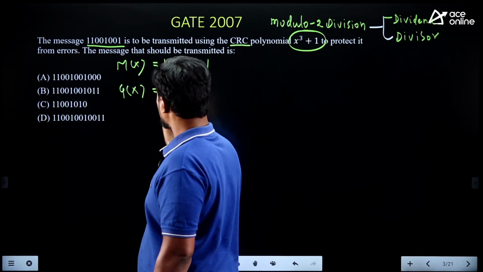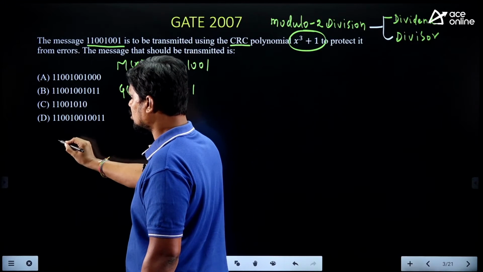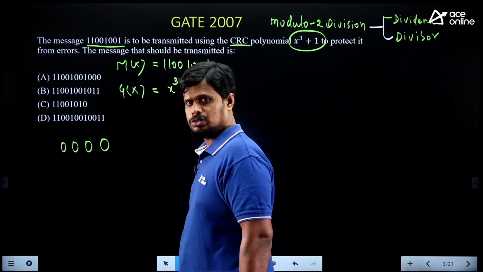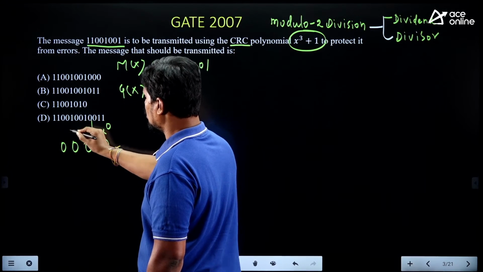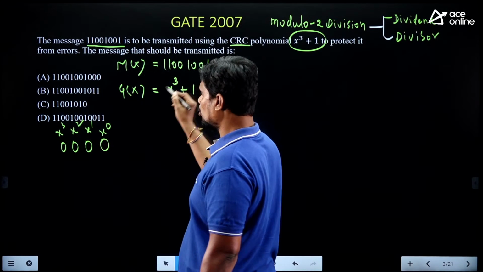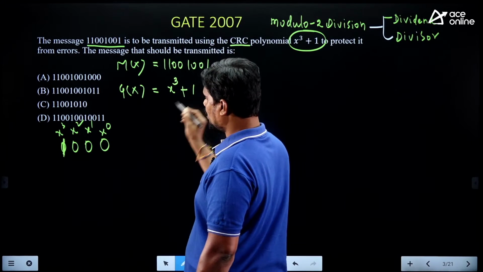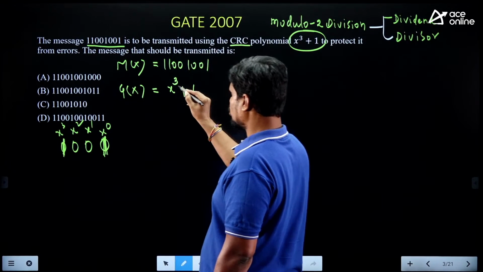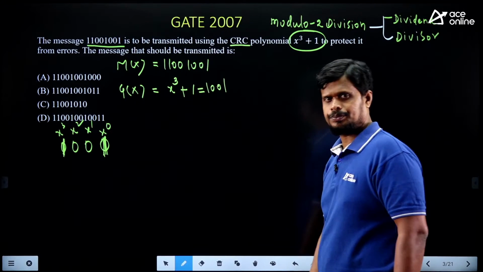As the maximum exponent of G of X is 3, the G of X length is going to be 4 bits. Initially I can write all the 4 bits as zeros, and then I position the X values like this: X power 0, X power 1, X square, and X cube. As X cube is present, I write 1 there, and as X power naught is present, this one is 1. So the corresponding binary value is 1001, right?